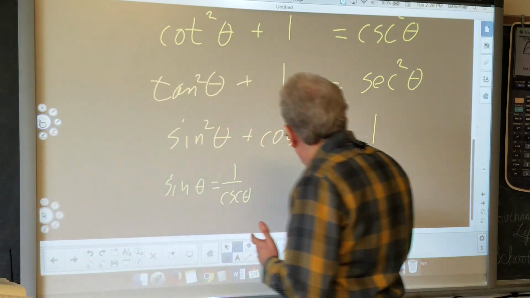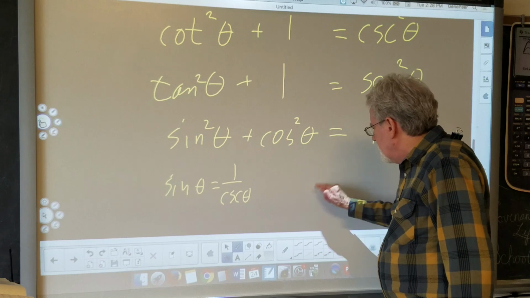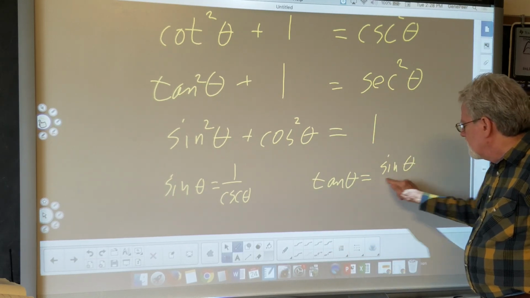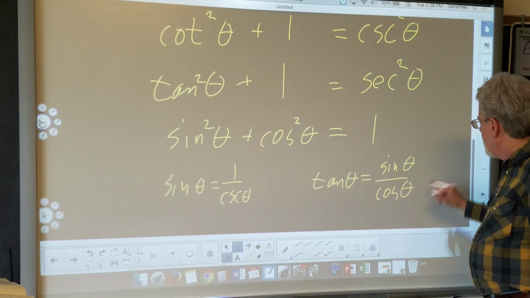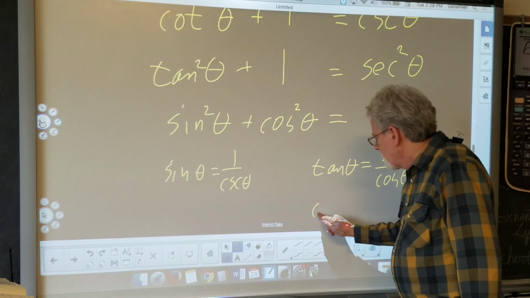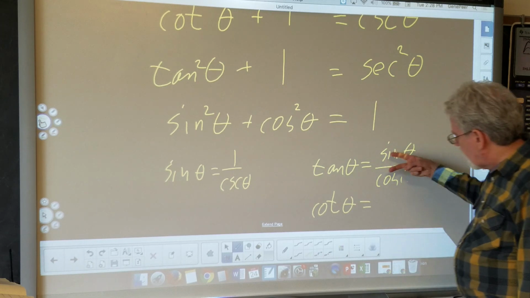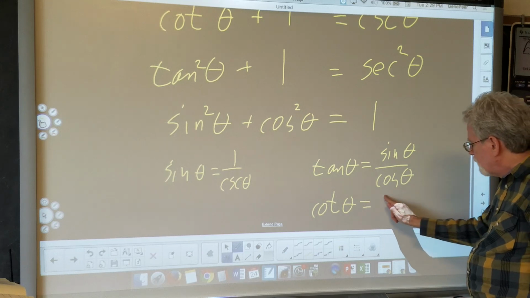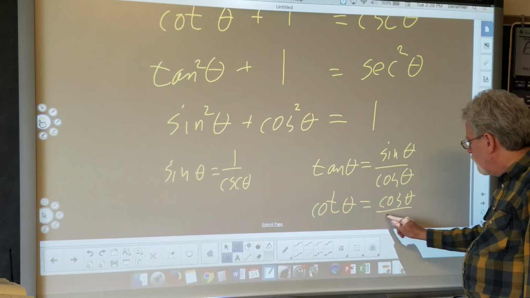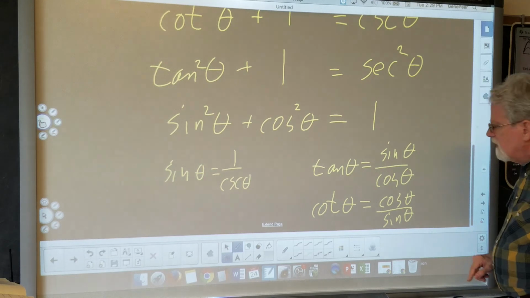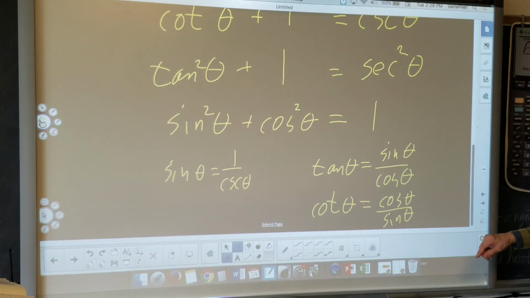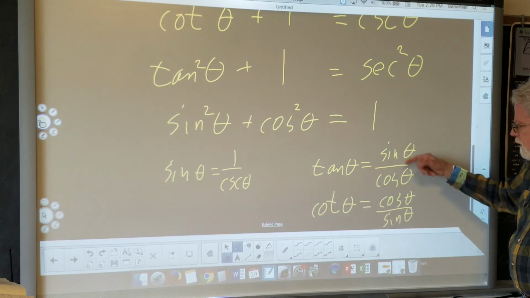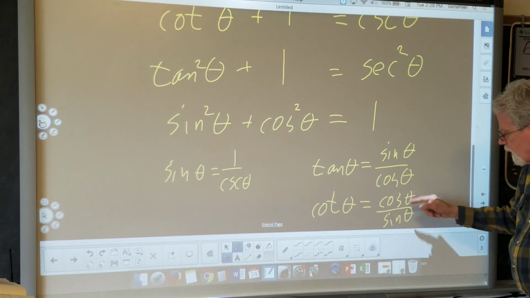Oh, and of course the fact that tangent theta equals sine theta over cosine theta, and the reciprocal of that being that cotangent theta must be exactly the reciprocal of this one, because tangent, cotangent are reciprocals. So that gives us cosine theta over sine theta. So these guys must all be known. All of the reciprocal functions, as well as tangent theta being sine over cosine, and cotangent being cosine over sine.